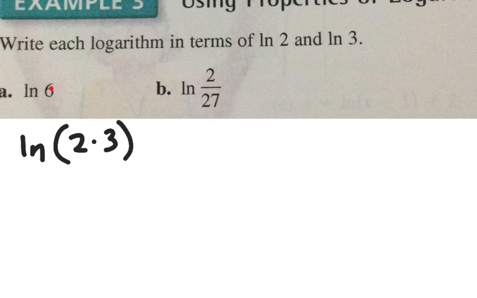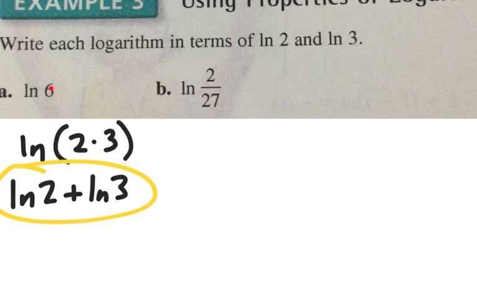I've got a 2 times 3. But here I have two things being multiplied in the argument, 2 and 3. So I can rewrite those as addition like so. So the natural log of 2 times 3 is natural log of 2 plus natural log of 3. Now my answer is in terms of natural log 2's and natural log 3's. So I'm finished.